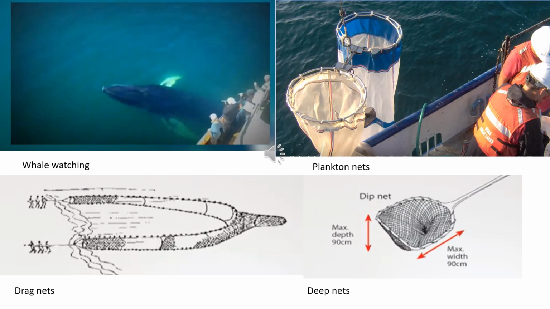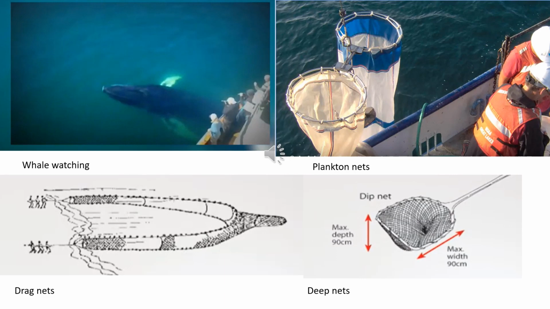Drag nets are another type of collecting aquatic species. These drag nets move on the bottom of the sea, and when you collect the species, you can take them out, identify them and make a sample out of them. You can also use another type of net which is called the ground deep net.